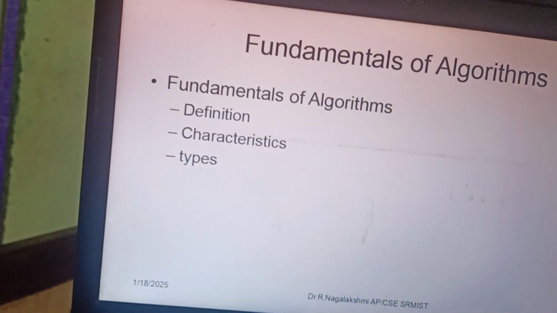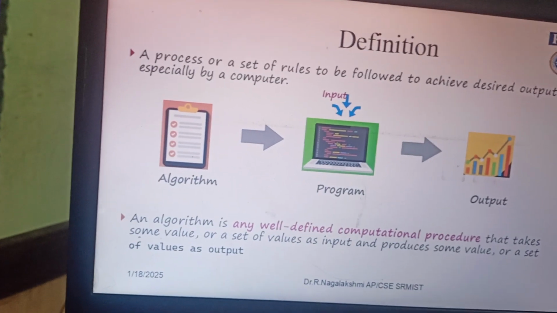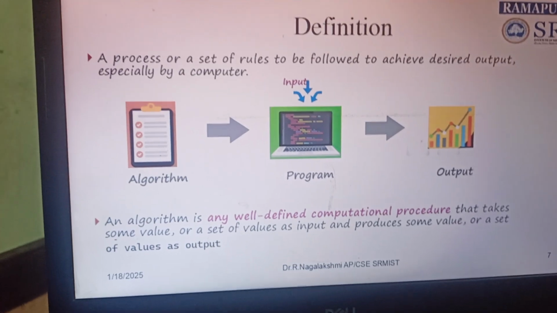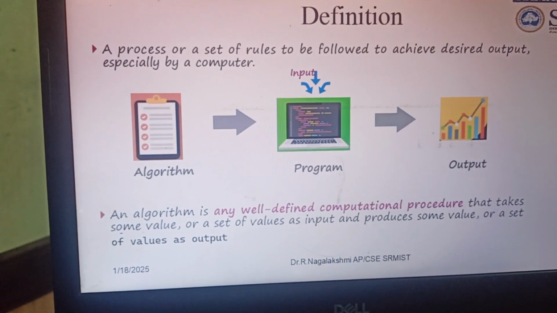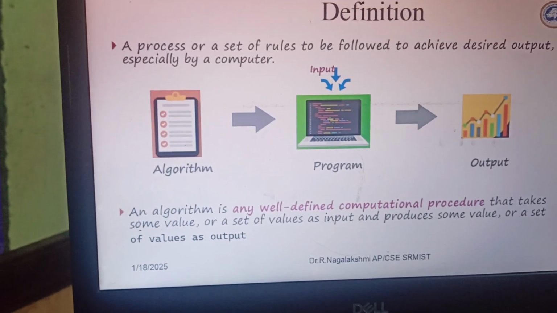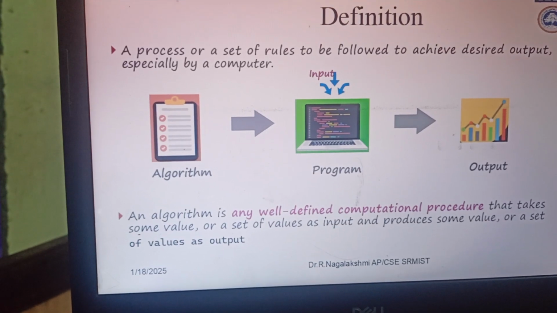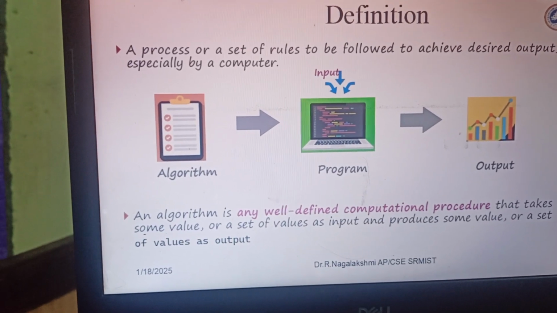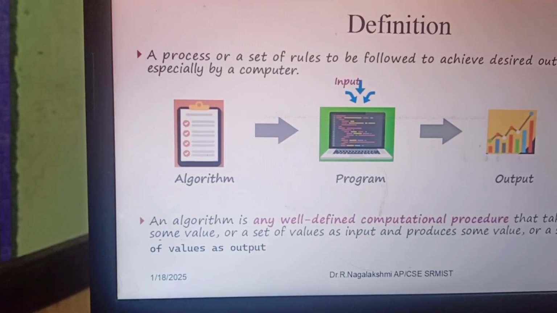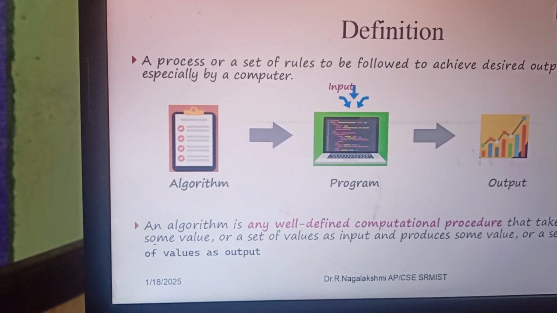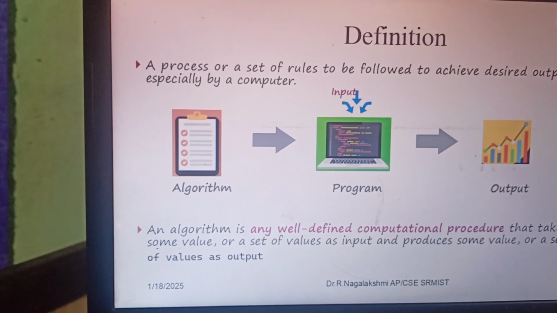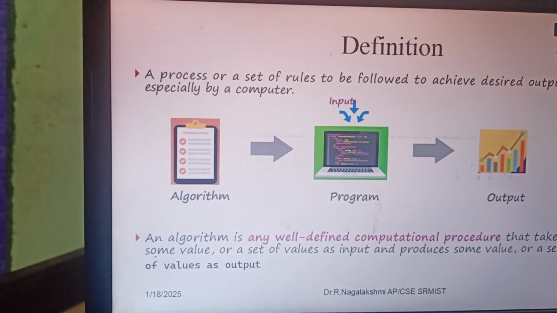First of all, we'll see the definition. An algorithm is a set of rules to achieve the desired output, especially by the computer. The computer takes an algorithm as an input, and we write the code based on that algorithm. To write the code, I choose a programming language such as C, C++, Python.